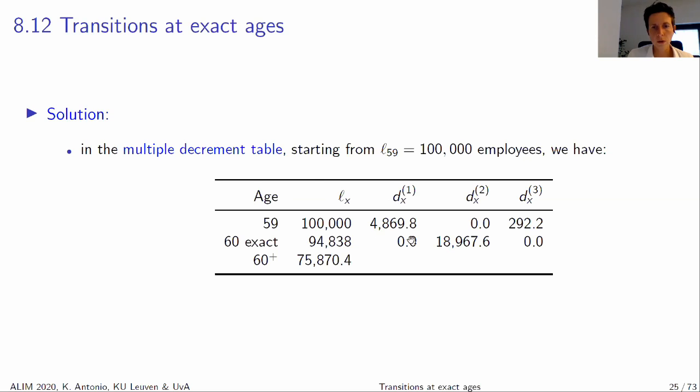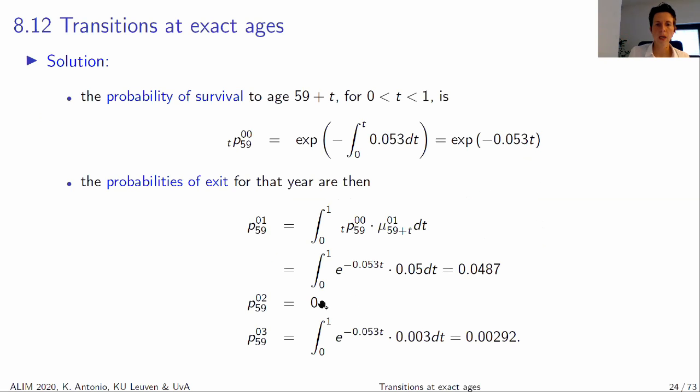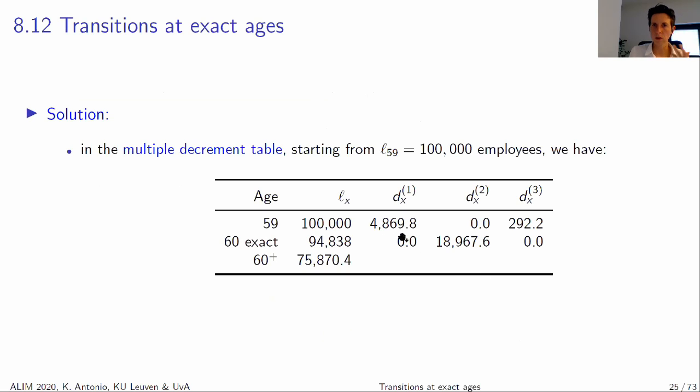And I say, okay, the number of employees that is expected to leave because of decrement 1, withdrawing from the company, is given over here. So how do I get this number? That's the 100,000 multiplied with this 1 year probability to leave because of decrement 1. So if I do 100,000 multiplied with this probability, I get the expected number of people leaving the company between age 59 and 60.